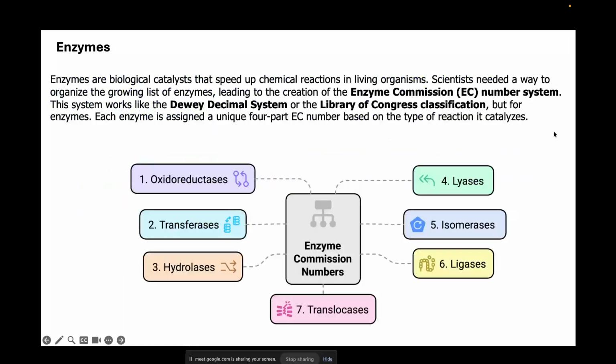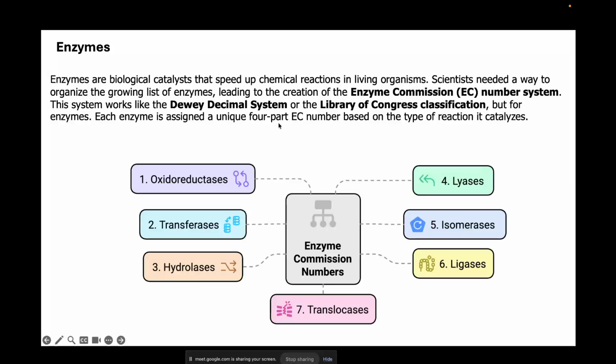Okay. The last set is basically a little bit on enzymes, since enzymes are the most important proteins of all. So how do we identify enzymes using different identifiers? There is the Enzyme Commission, which has created a number system that works like the Dewey Decimal System or the Library of Congress classification, but for enzymes.